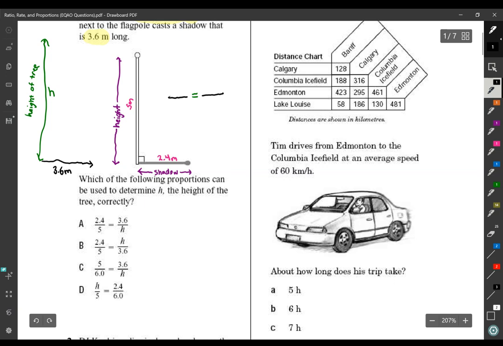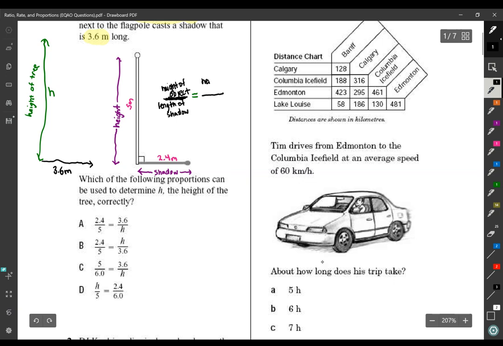So if I put the height of the object on the top of a ratio and the length of the shadow on the bottom of the ratio, then I need to do the same thing on the other side.